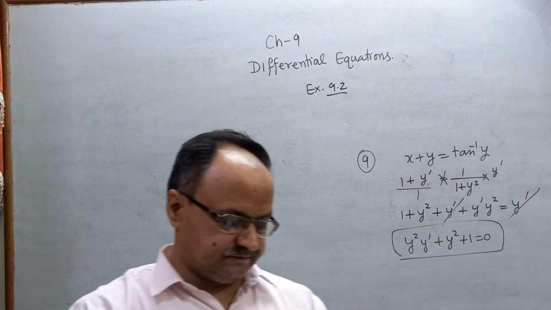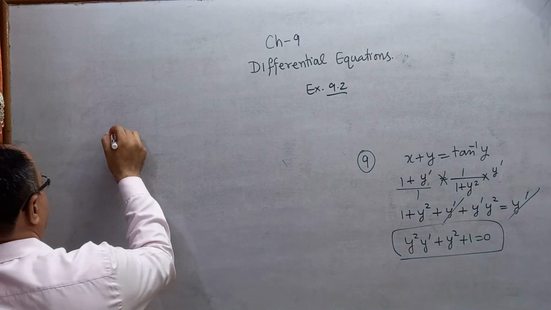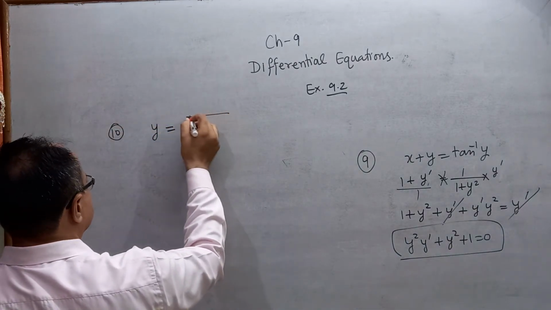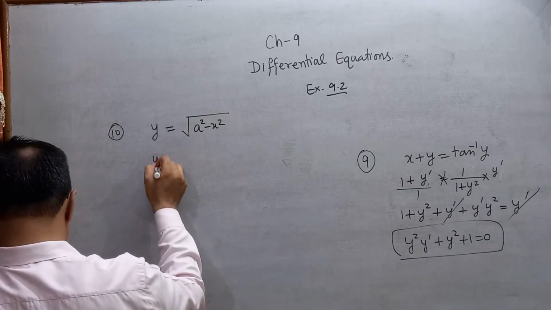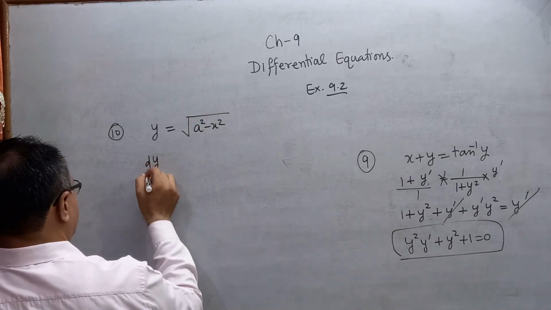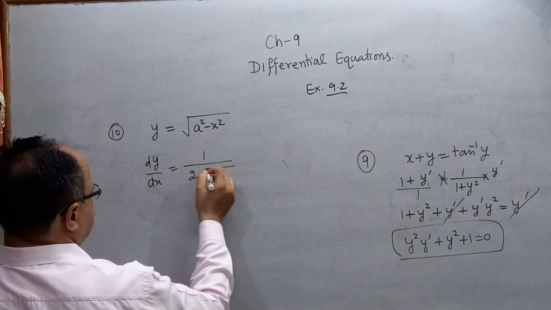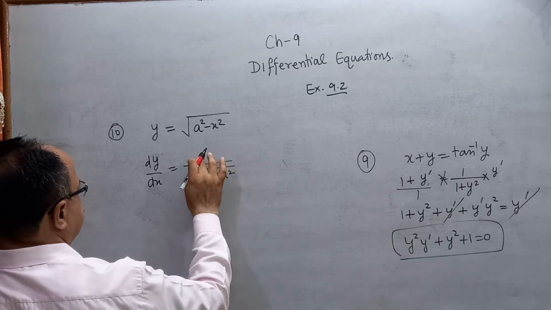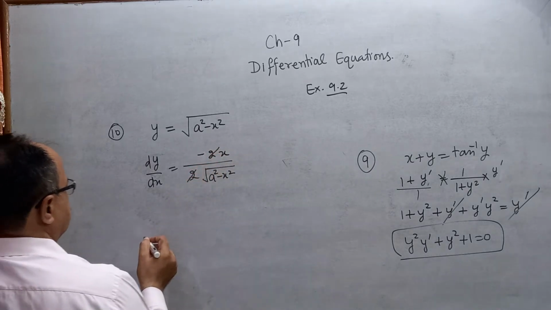Question number 10. y is equal to root a square minus x square. Therefore, dy by dx is the derivative of this root a square minus x square, and the derivative of a square minus x square is minus 2x. This will cancel.